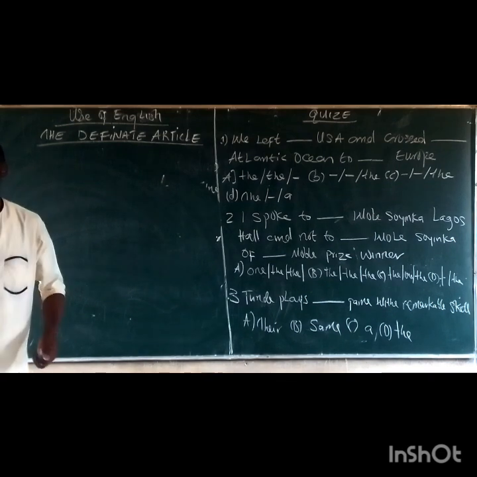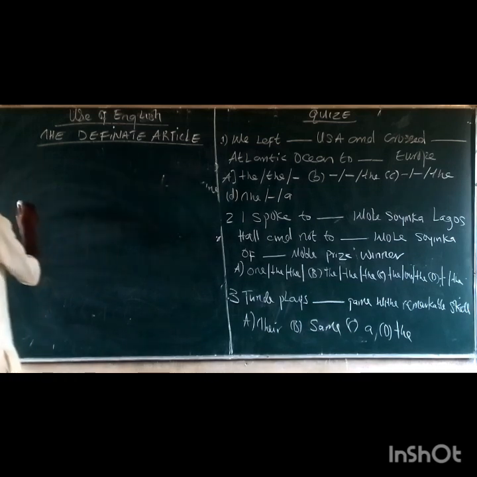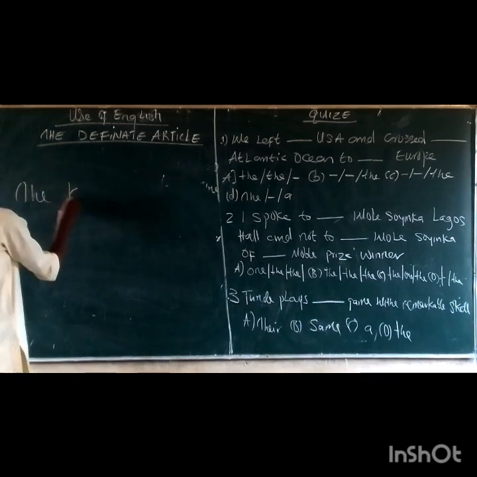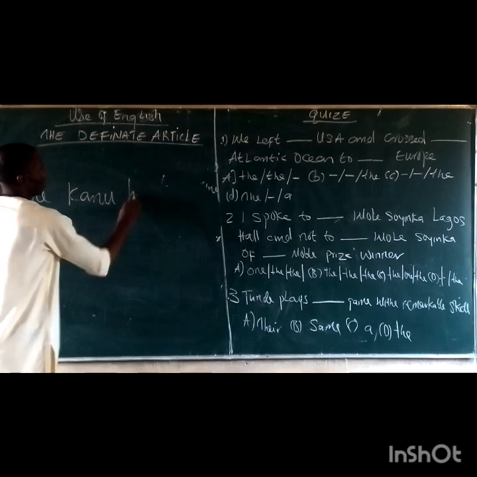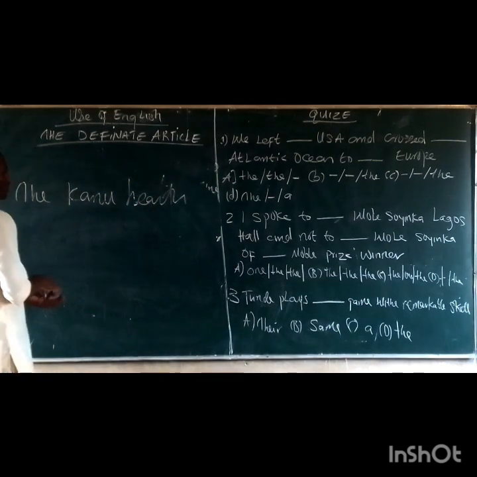The next one is the name of organizations. For instance, you can have the Kanu Heart Foundation.